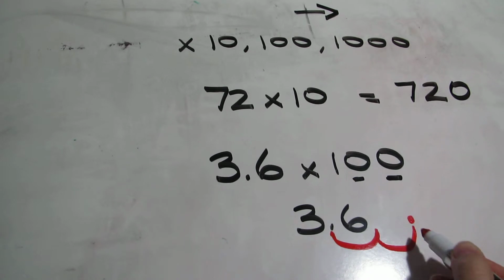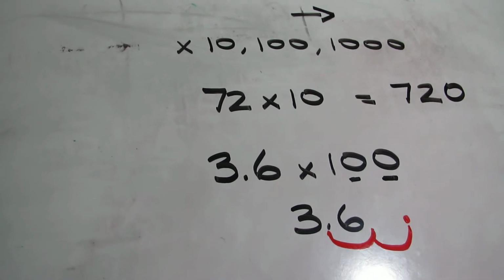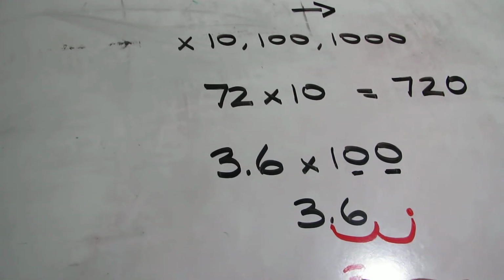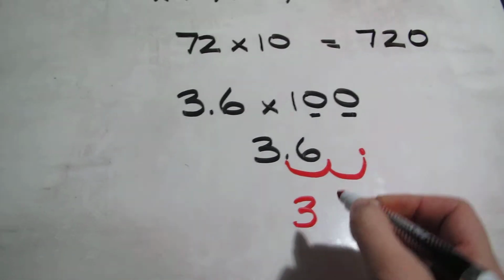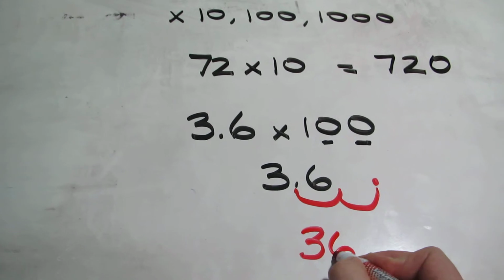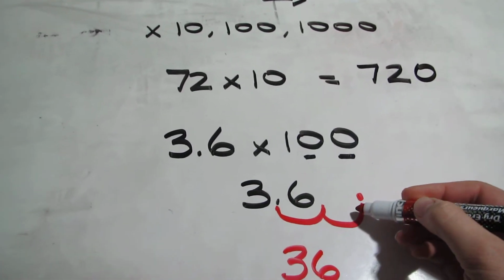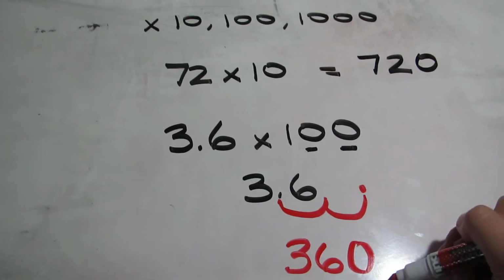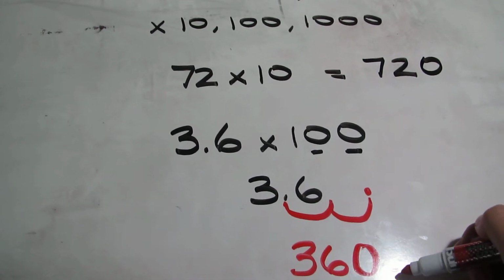So I know my decimal is going to end up right there. I'm going to rewrite the number down here. So I have 3, 6, and that space we know belongs to a 0 now, and the decimal goes there.